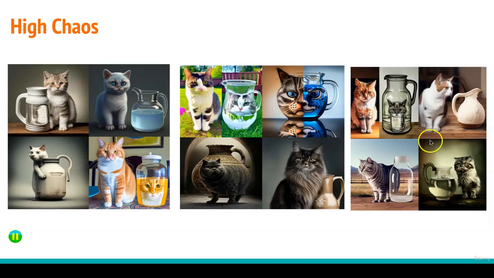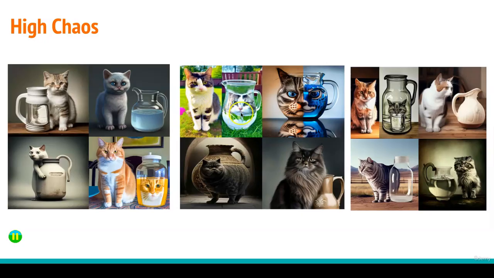Now let's go to a higher chaos value. Here this is where it gets interesting. You see how, for example, this image is completely different. The jug and the cat are the same object. It looks like the cat's face is inside the jug. Here it created two images side by side. One is just an ordinary cat.